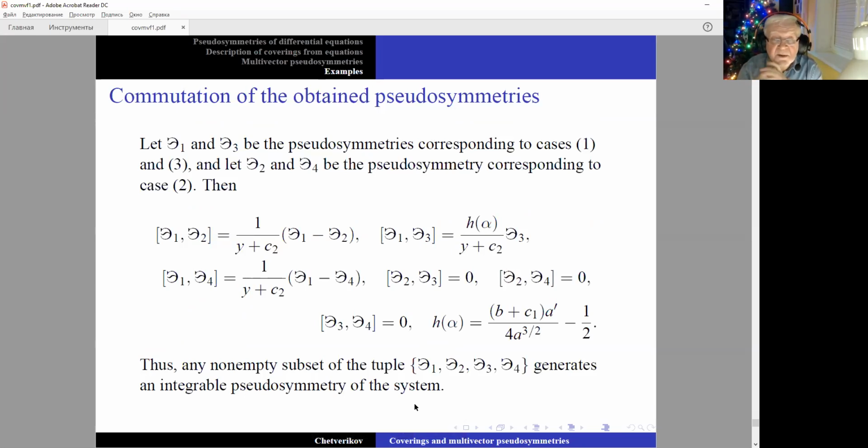Let's now consider the commutation of the obtained pseudosymmetries.